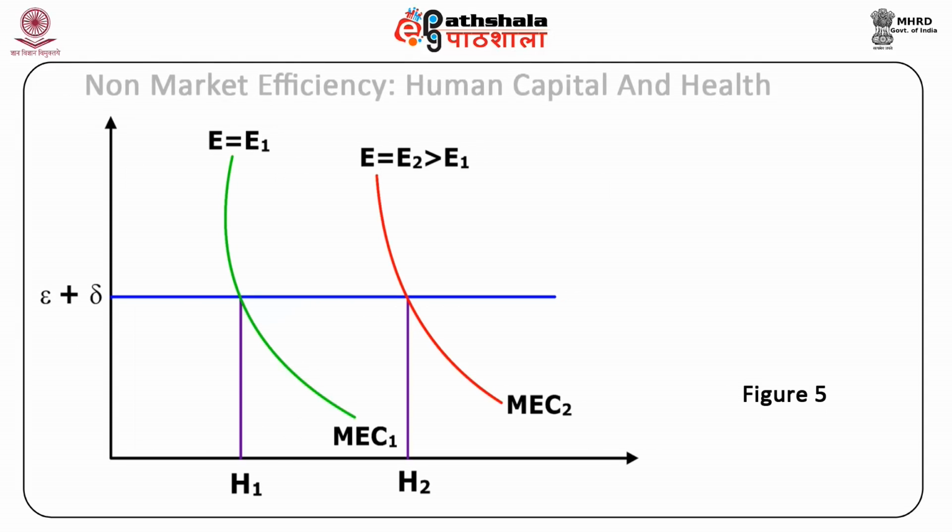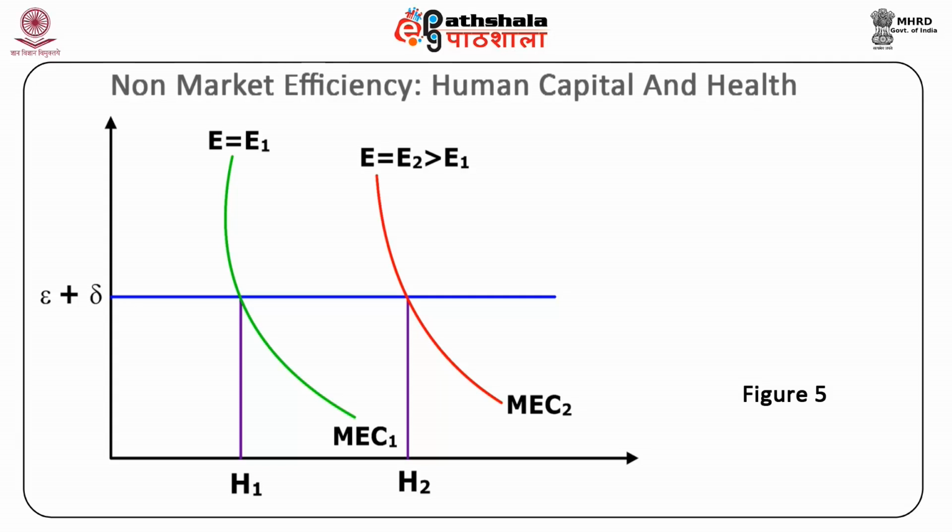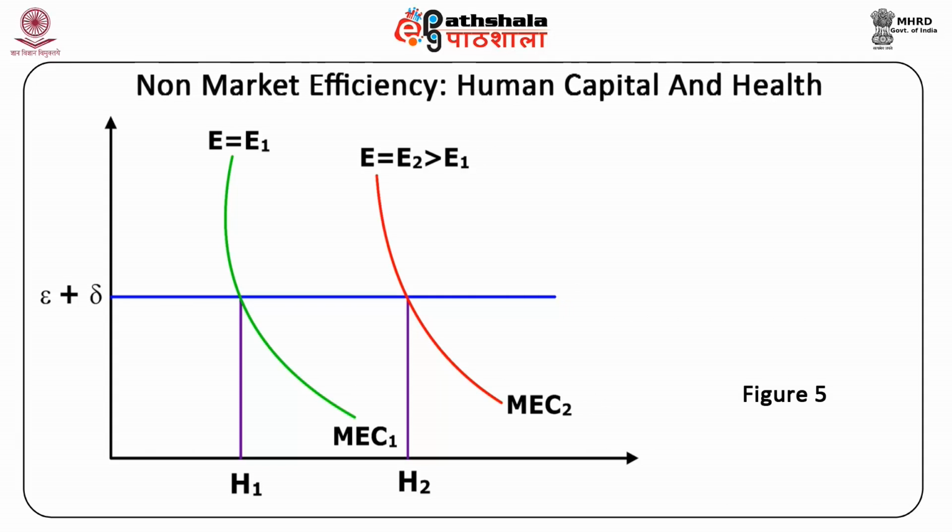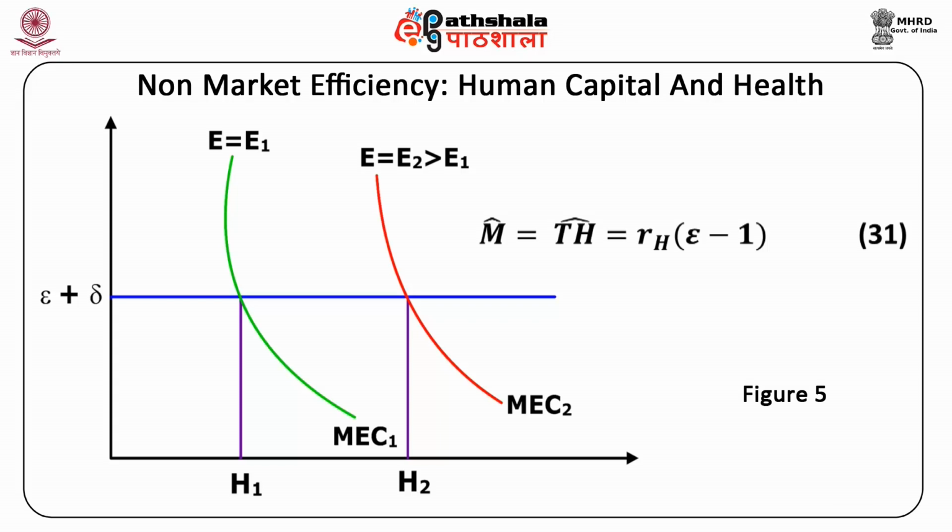Further, more educated individuals will demand more health but less medical care if the elasticity of MEC is less than 1, because M hat is equal to TH hat is equal to RH into epsilon minus 1. Positive RH in Grossman's model leads to the conclusion that education increases market productivity.